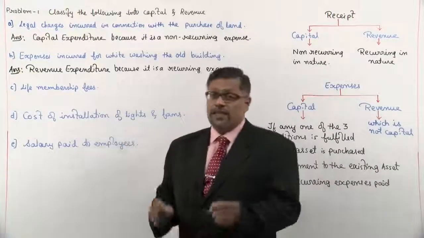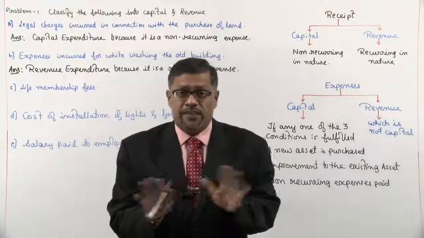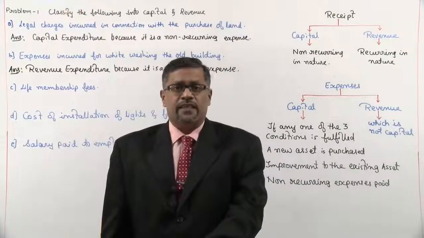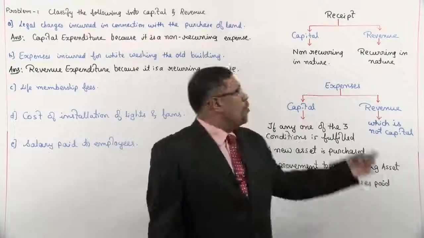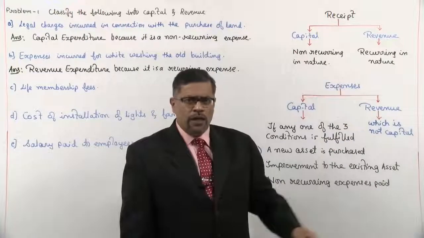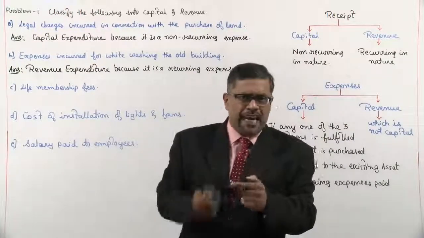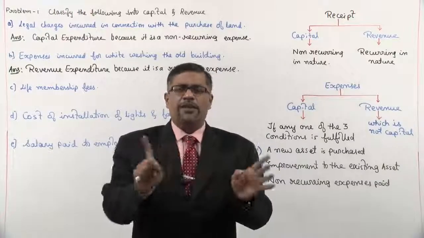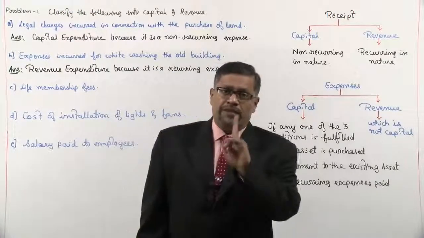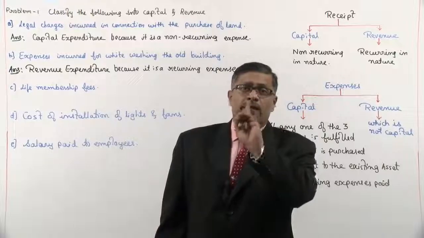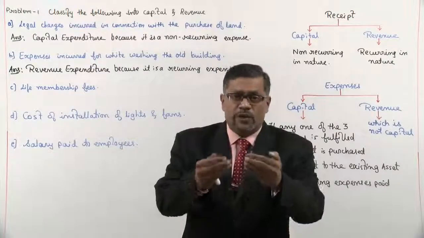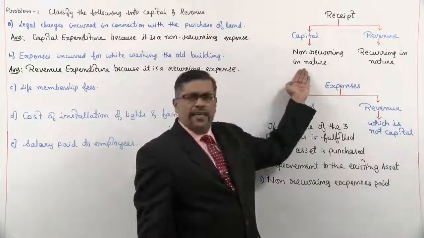Life membership fees, for a non-trading concern. First, it is not an expenditure, it is a receipt. Now the question is, what receipt, capital or revenue? Do we receive the life membership fees again and again from that member? No. From one member, we receive the life membership fees only once. What we receive only once is non-recurring in nature.